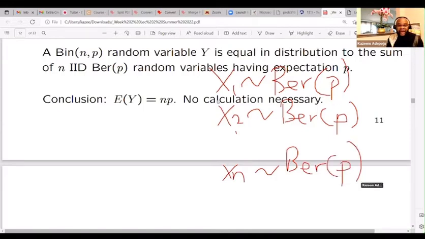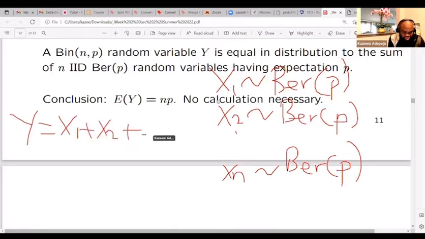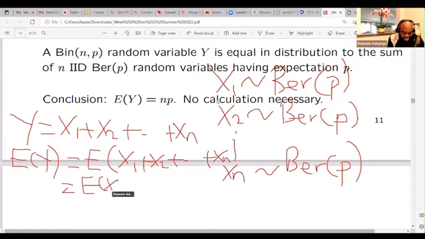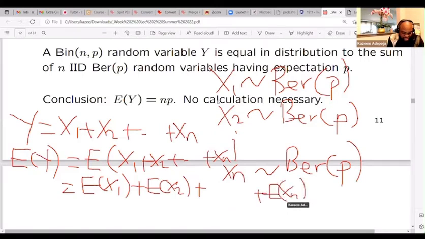Then if I now want to get the sum of the random variables x1, x2 until we get to xn, if I want to use the idea of the linearity of expectation, where I basically want to add all of that together, take a look at that, which is also going to be the expected value of x1 plus expected value of x2 until I get to the expected value of xn. And don't forget, each of them has a p, right?